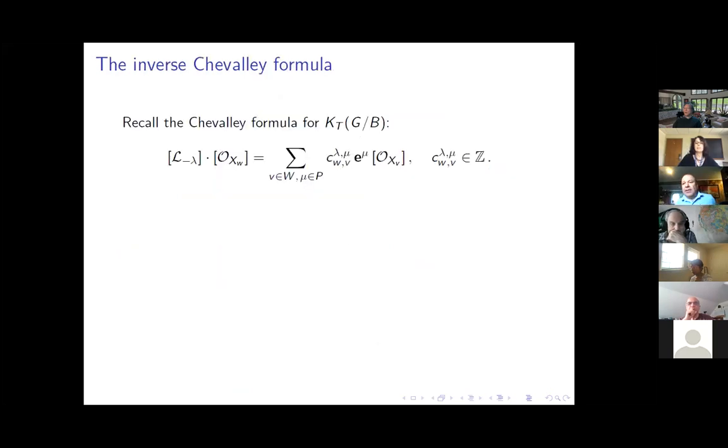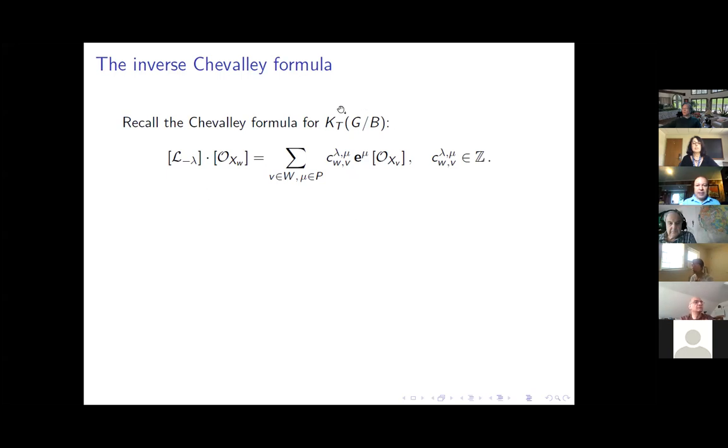And finally, I'll just end with mentioning the inverse Chevalley formula. This is something we are working on now with Dan Orr and Naito and Sagaki, and there's been a previous paper by them on this. So the idea here is, this is the Chevalley formula for the finite type flag variety with some coefficients.